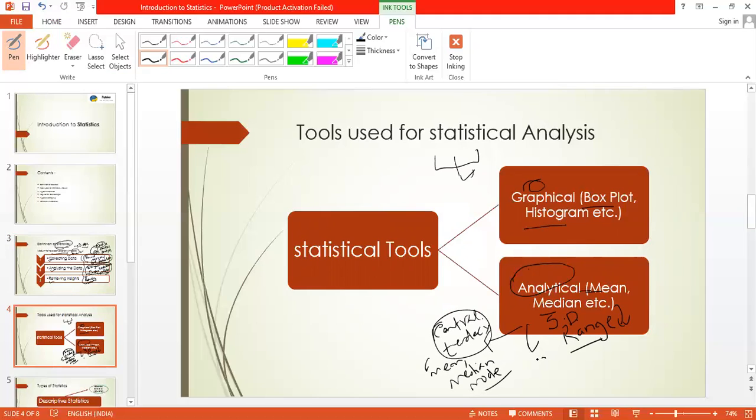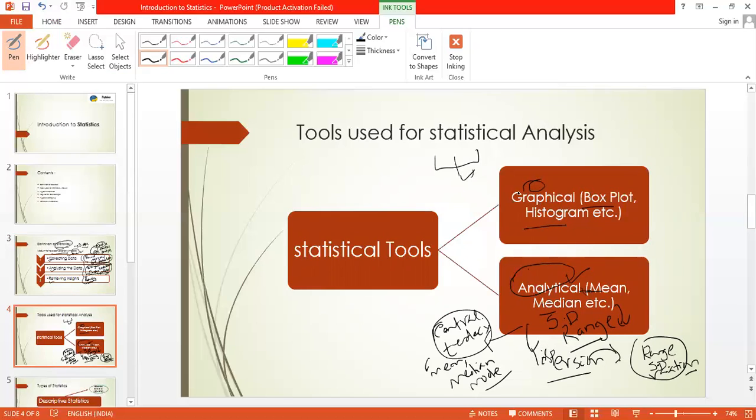Again, to measure the dispersion of the data, where dispersion means just the distribution of the data, the tools we are using are range, standard deviation, or variance. These are the two types of analytical tools we are using to measure central tendency and the dispersion of a data.